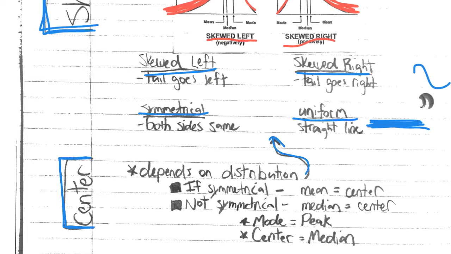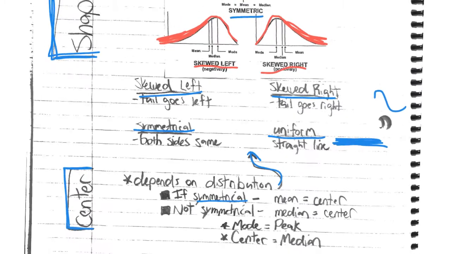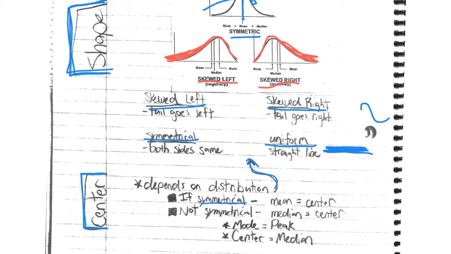So for instance, if the shape is symmetrical, the center is going to be where the mean is. So you'll see in this picture up here that they're all labeled. Let me zoom out for a second. So my mean is right in the center of my symmetrical piece. So right there, my mean is my center.